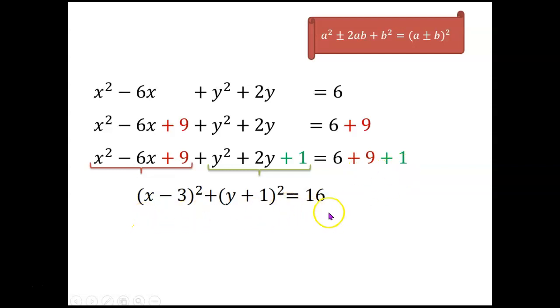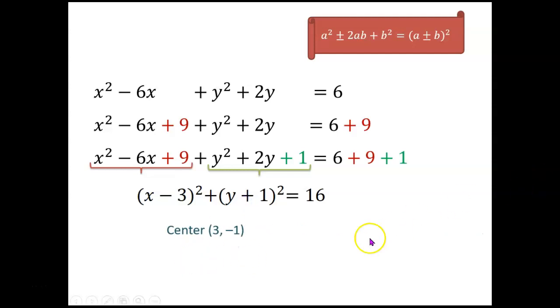So now this is in that standard form for the equation for a circle. So can you see what the center is? X minus h, so h is 3. Y minus k, so if we want to think of this as minus something, it would be minus negative 1.